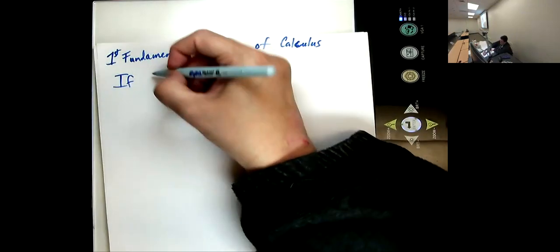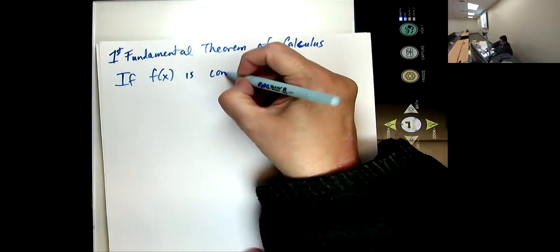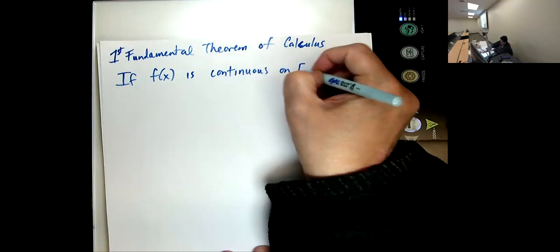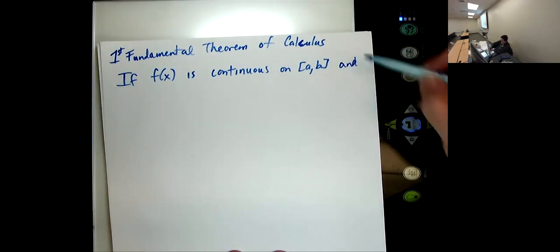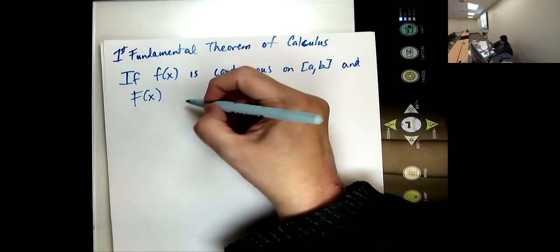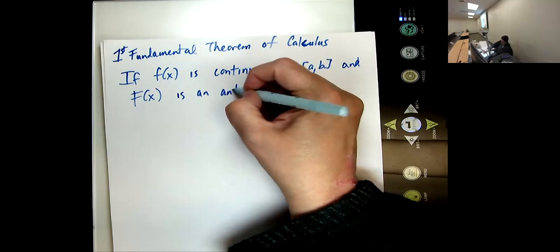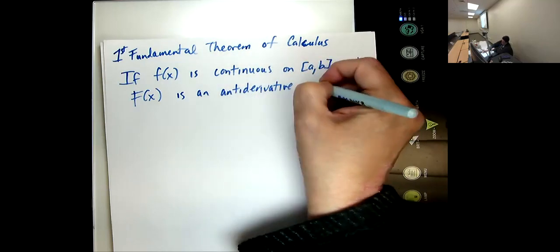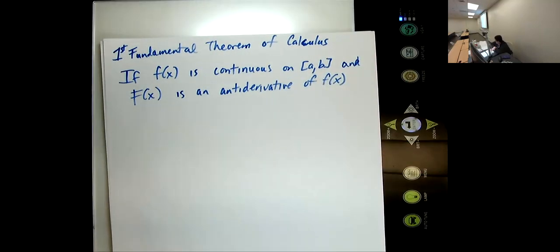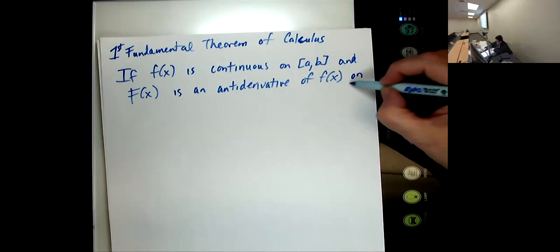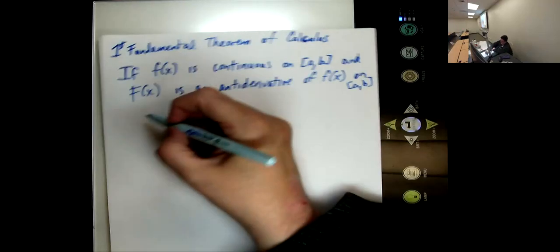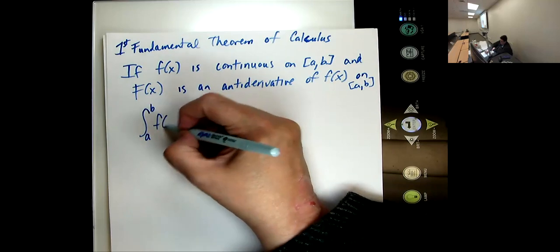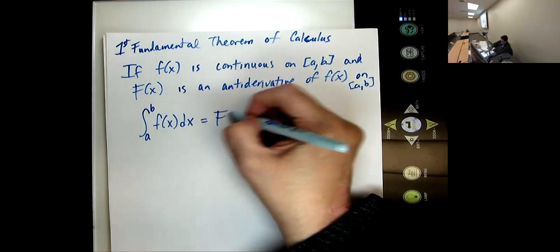If f is continuous on [a, b], and big F is an antiderivative of little f, also on [a, b], then the integral from a to b of f of x dx equals F of b minus F of a.